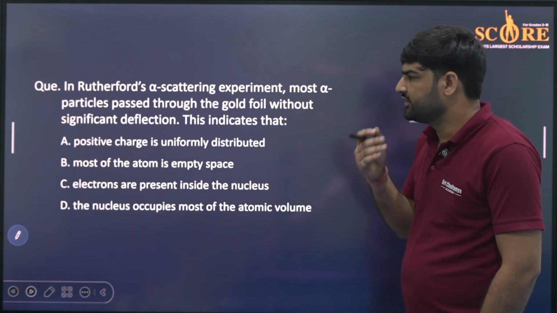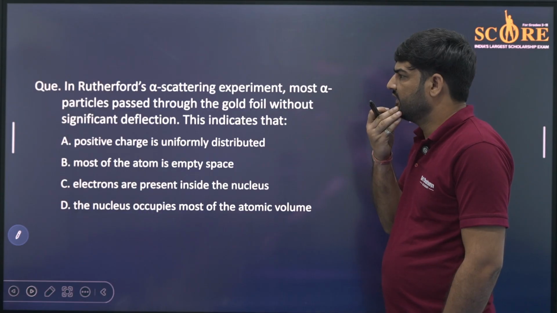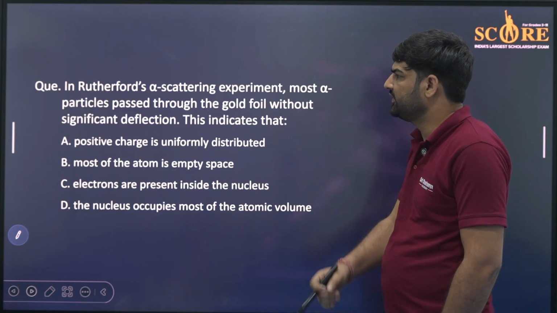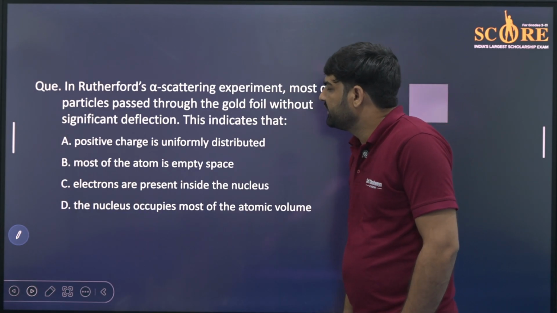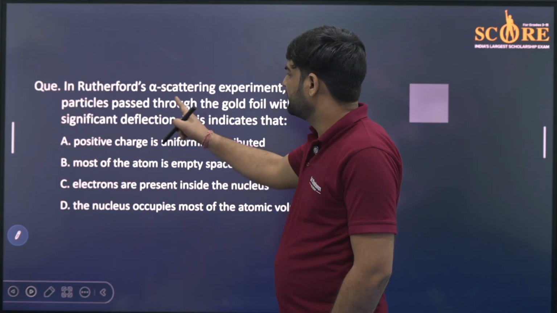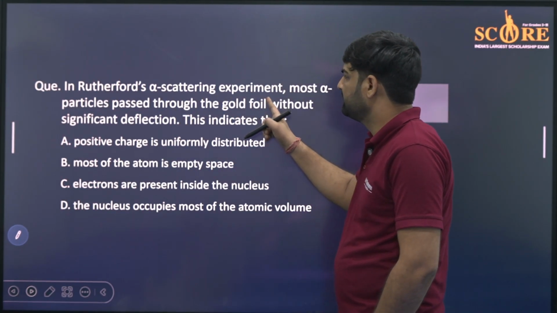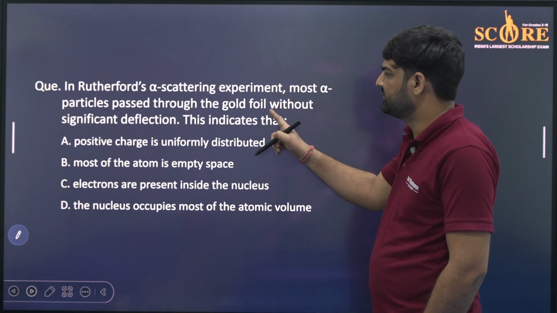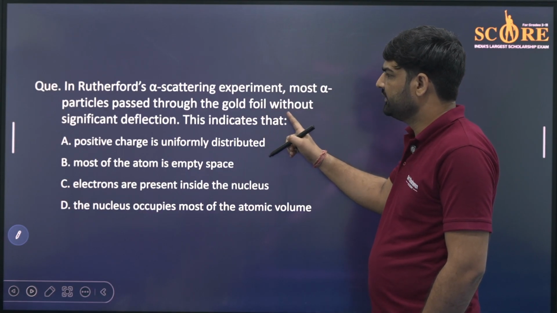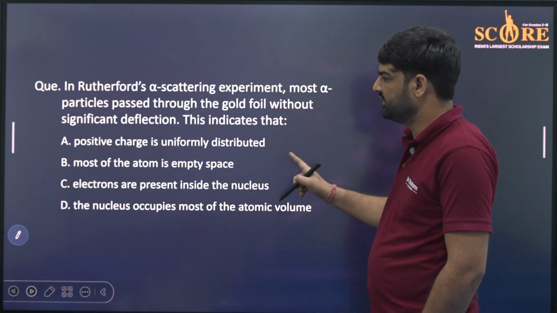This is a simple question regarding Rutherford alpha particle scattering experiment. In Rutherford's alpha scattering experiment, most alpha particles pass through the gold foil without any significant deflection.